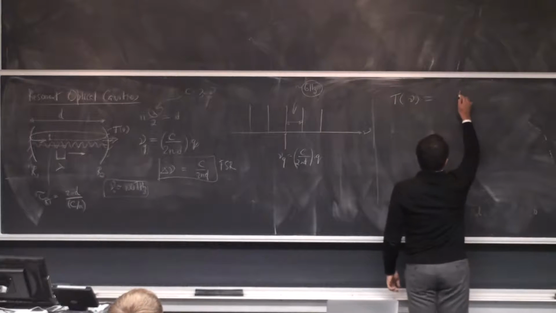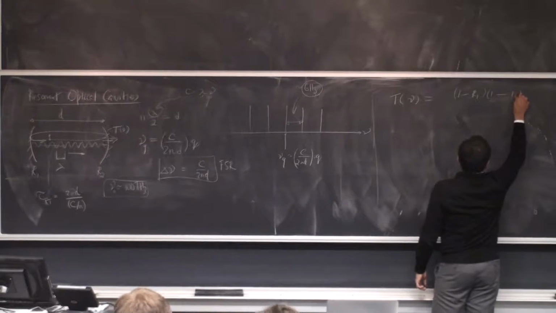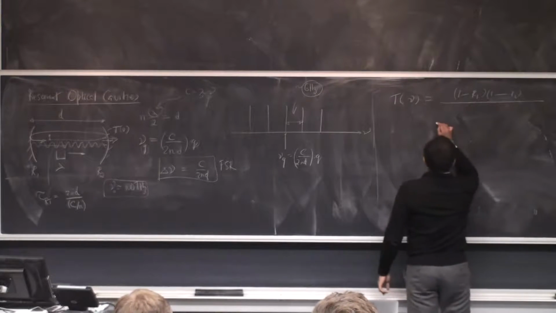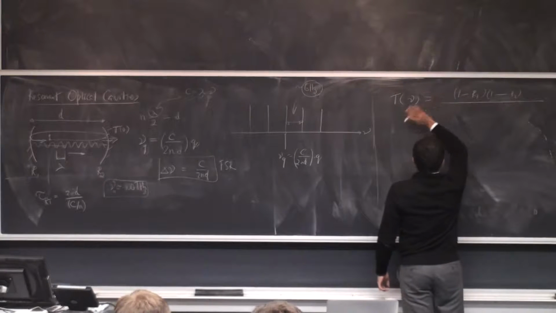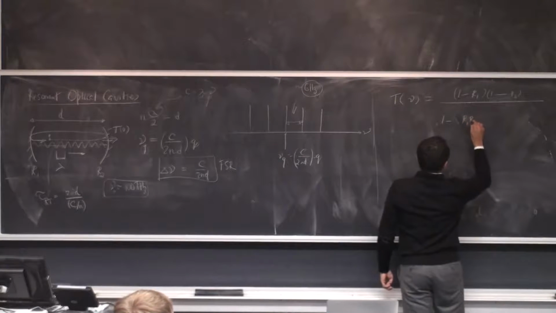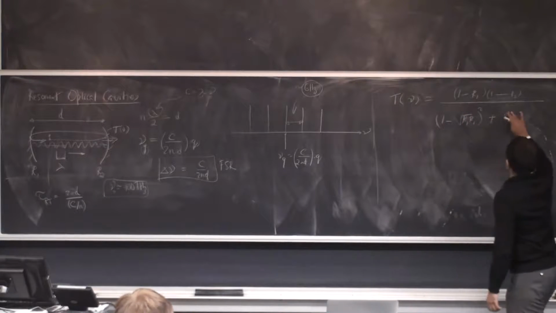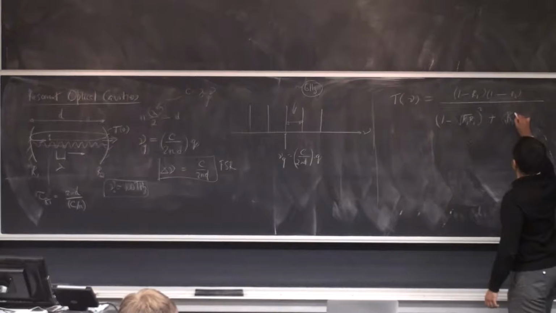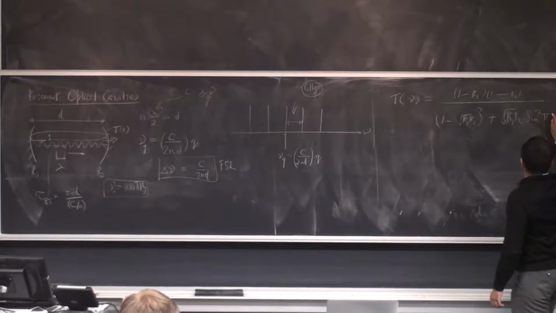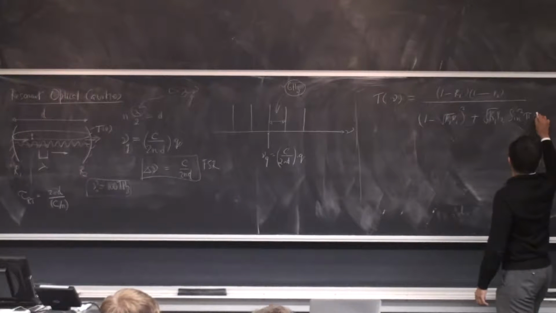And what you will see here is you get something like this: 1 minus R1, 1 minus R2. And this is again an expression for the total transmission, and then what you get, like 1 minus R1 R2, something of the sort. Again, sine squared of frequency. All right.